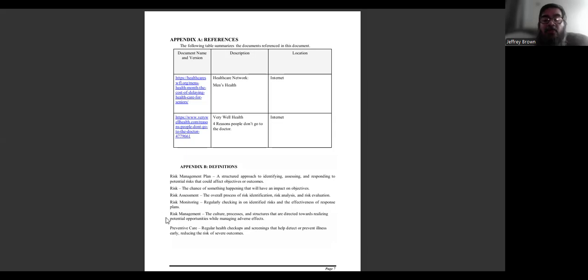Risk management, the culture, process, and structures that are directed towards realizing potential opportunities while managing adverse effects. And then preventative care, regular healthcare checkups and screenings that help detect, prevent illness early, and reduce the risk of severe outcomes.